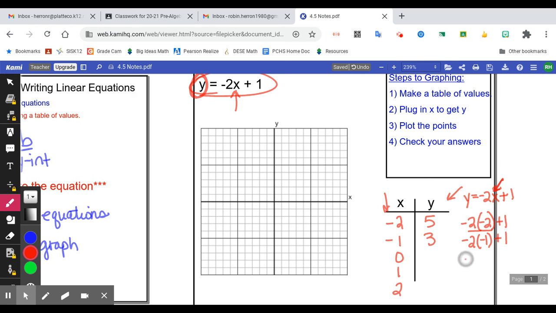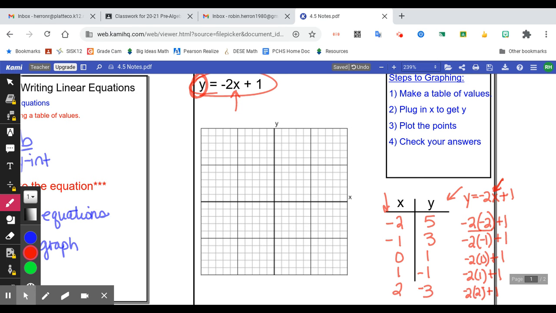Okay? Then I'm going to plug in -2 times 0 plus 1. This gives me 0 plus 1 is 1. -2 times 1 plus 1 would be -2 plus 1, which is -1. And then -2 times 2 plus 1 would be -4 plus 1, which is -3.